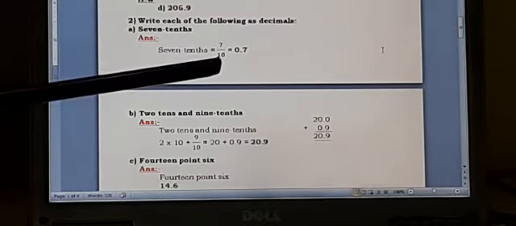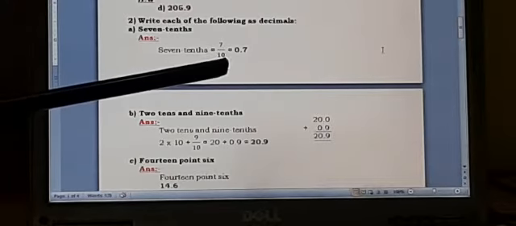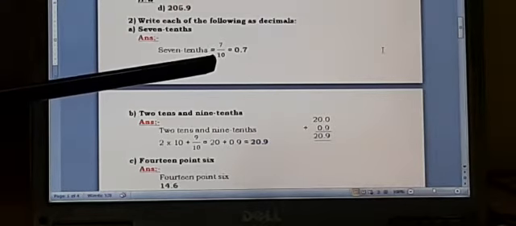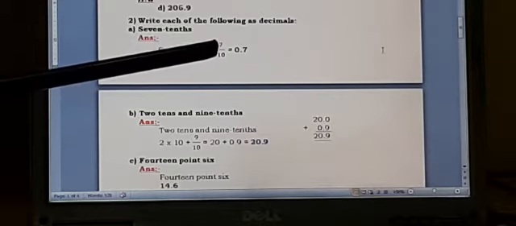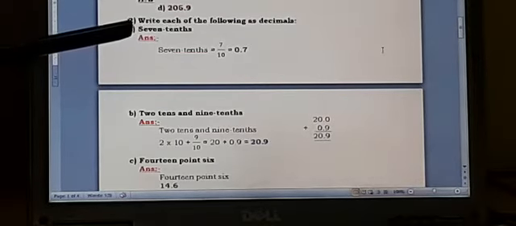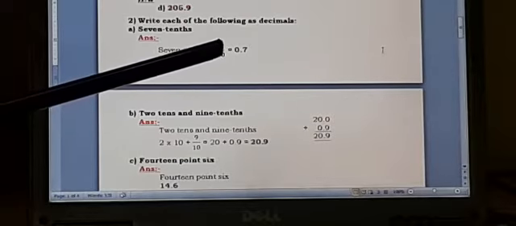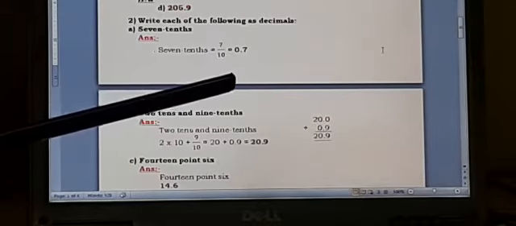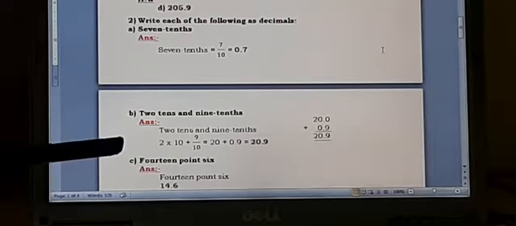So 7 by 10 we have to write as a decimal. According to the 0 in the denominator, 10 has 1 zero. According to the 0, we have to keep the decimal point in the numerator from the right side. So from the right side, before the 7 we have to keep the dot. So the answer is 0.7.